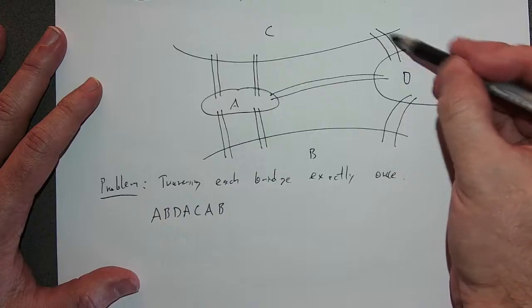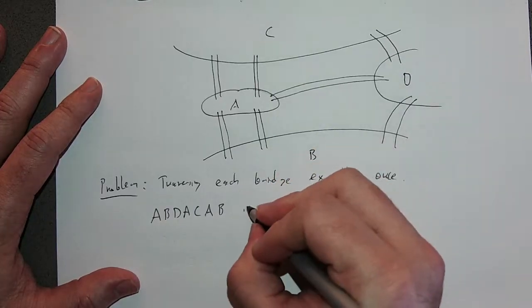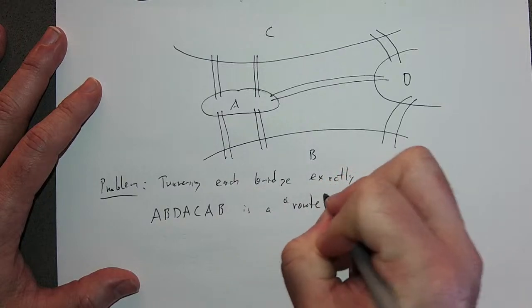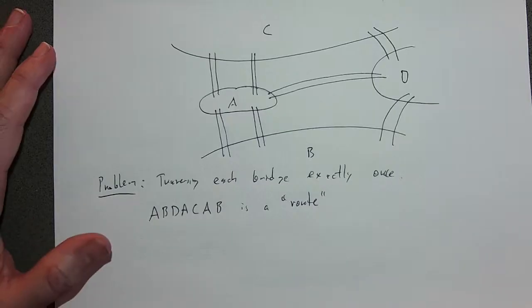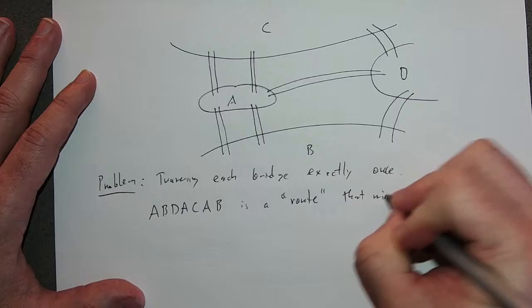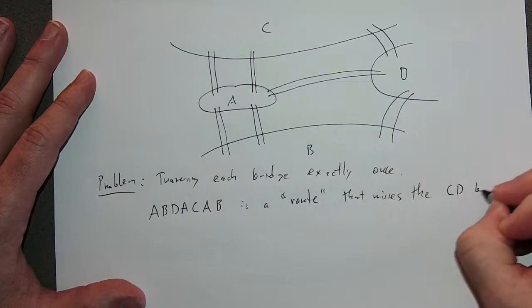So I missed this one. Right? So this is a route. Here, as I'm saying, a route is something that doesn't use the same bridge twice, a route that misses the C to D bridge.